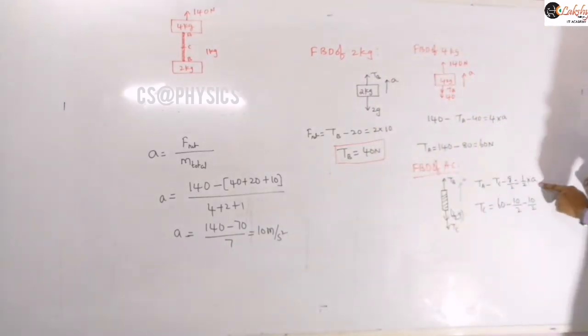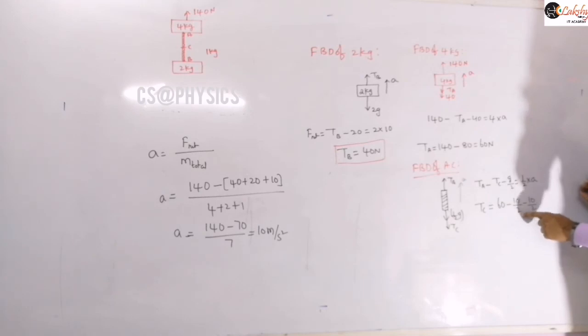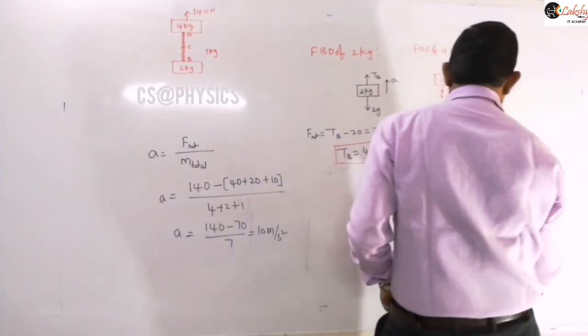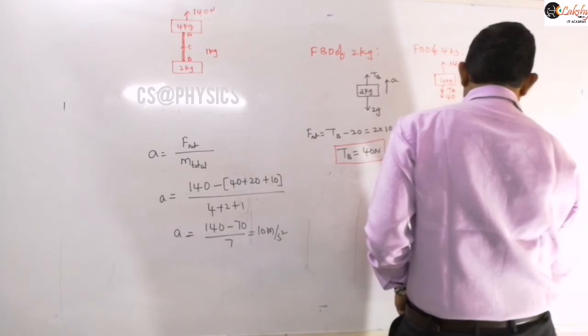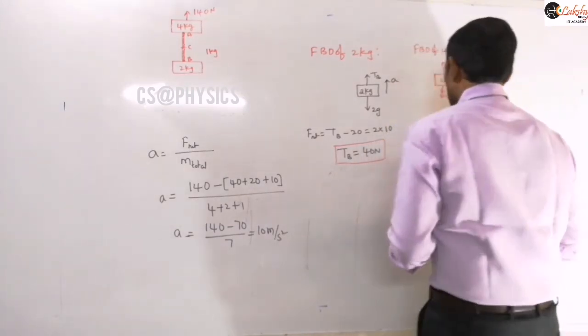Here this is g by 2, 10 by 2, and the A value is also 10 that we are getting here. On simplifying you can write TC is equal to 50 newtons. So it is the tension at point C.